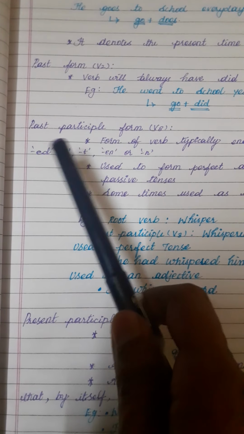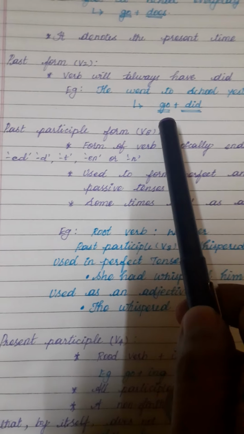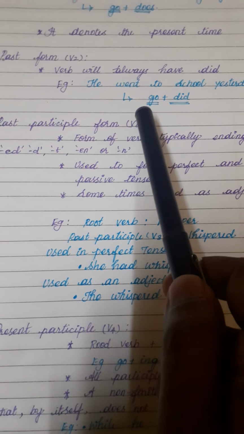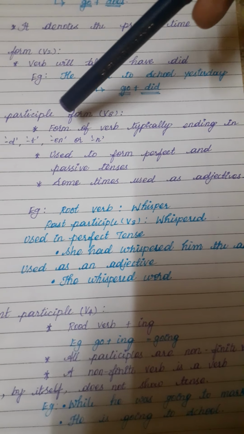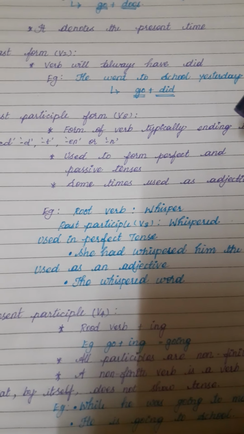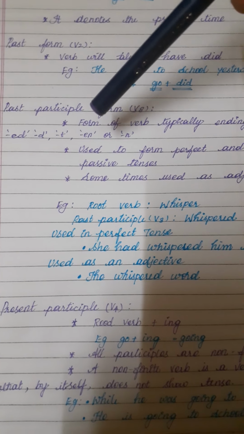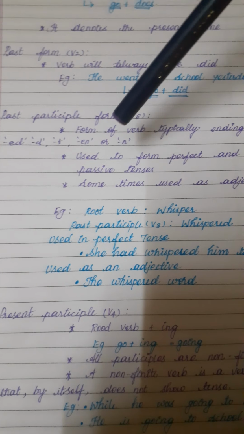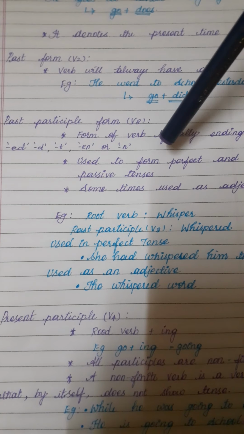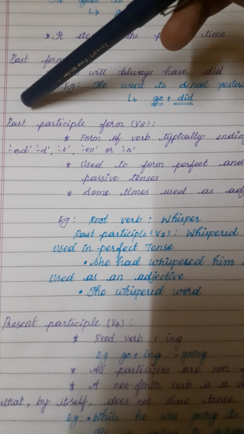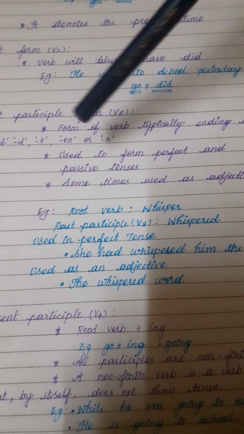Now let us move to the past participle form of the verb. This past participle form of the verb is the V3 form of the verb. It is the form of a verb typically ending in ed, d, t, en or n. If the verb ends with these, then you can say that the verb is in past participle form or V3 form.